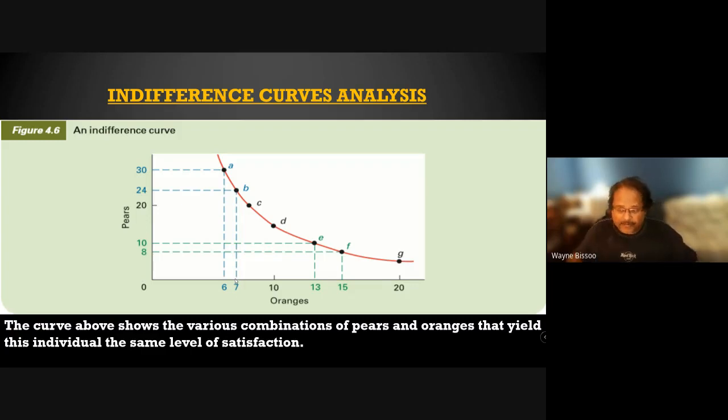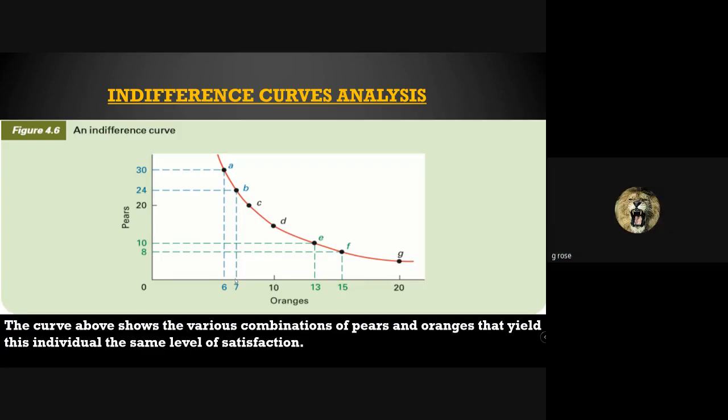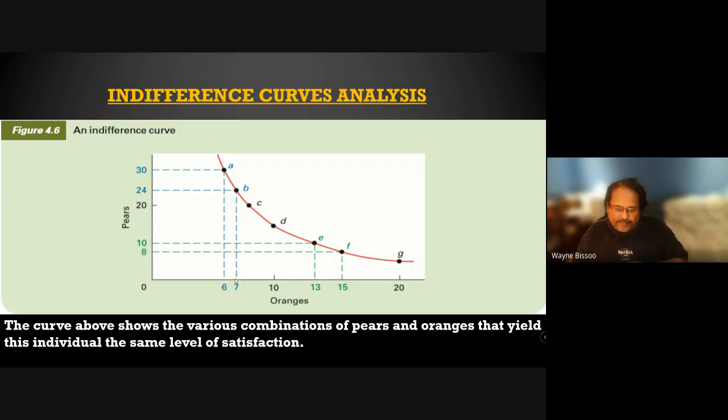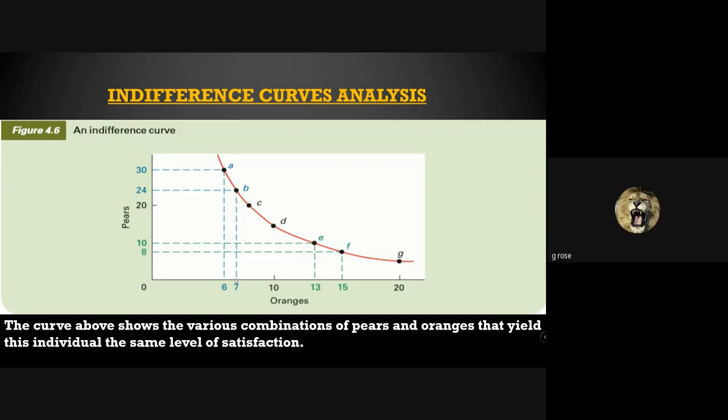Because I have a lot of oranges and fewer pairs. So therefore, the pairs become more valuable in the exchange process that we're going through there. That makes sense? Yes, sir. So what I have a little of becomes more precious and therefore more expensive. And what I have a lot of, it means I am quite willing to give up more of that item.